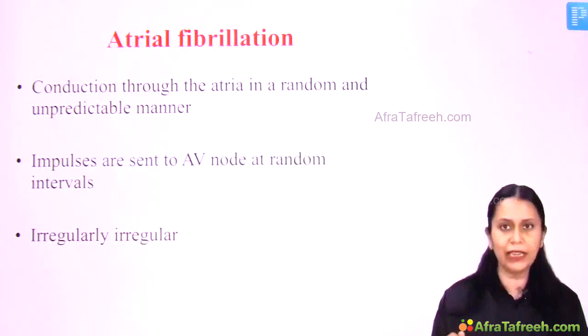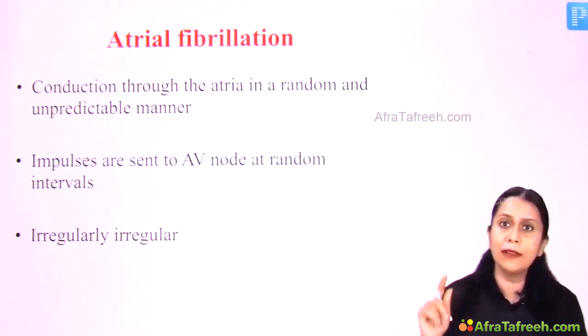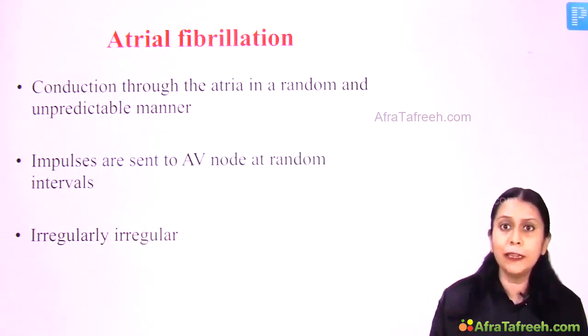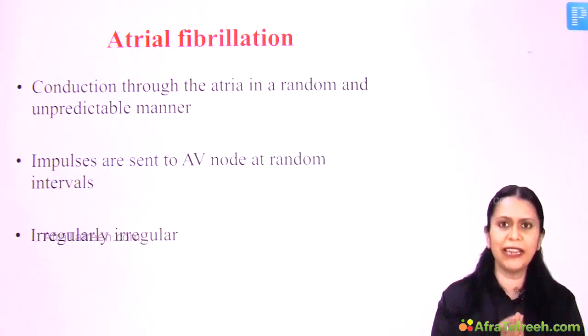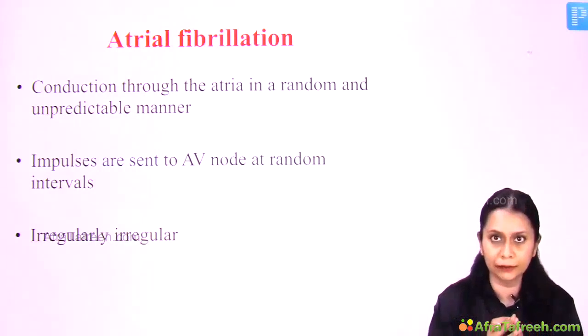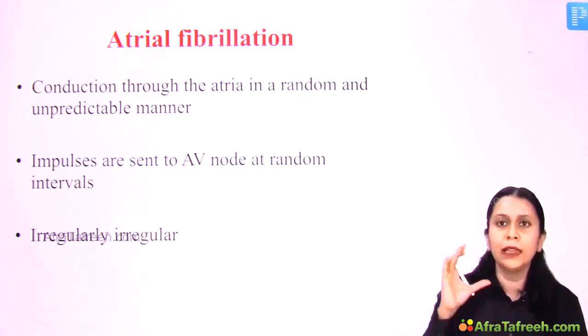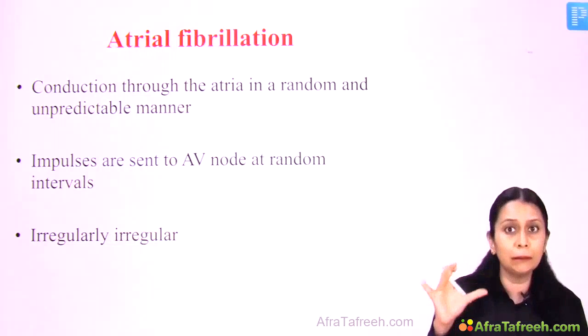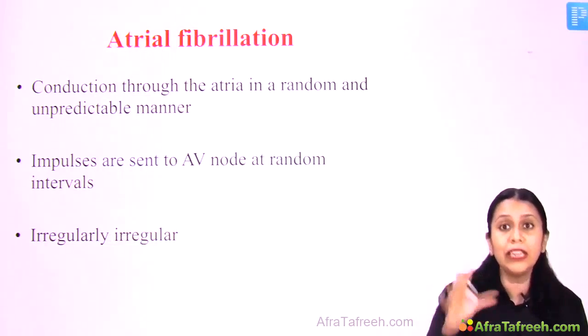Now coming on, a very important narrow QRS complex tachyarrhythmia, atrial fibrillation. Now, what is atrial fibrillation? Just remember by the name: atria is fibrillating. What do I mean by this? Atria is discharging impulses in a random, irregular manner.